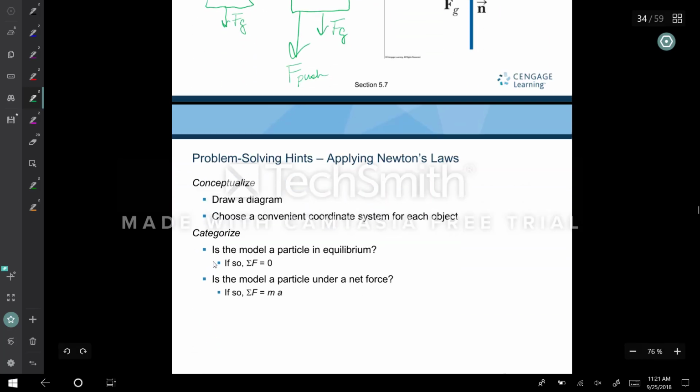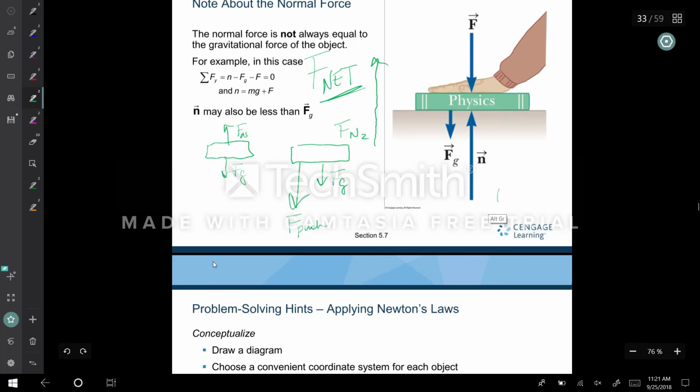No, because I could have pushed the book at an angle, right?